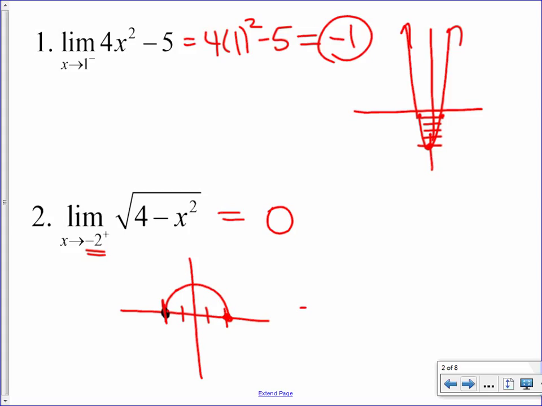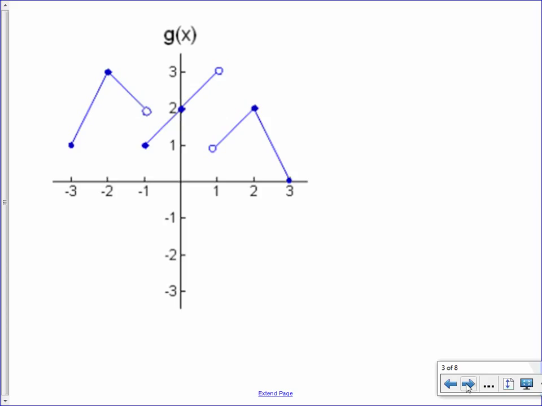All right, let's look at some graphs, because when I ask you for one-sided limits, graphs are going to be the most important. Here's our graph.